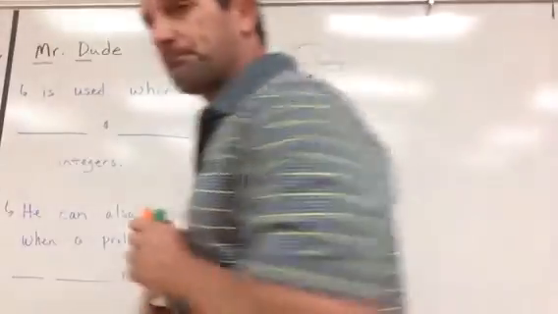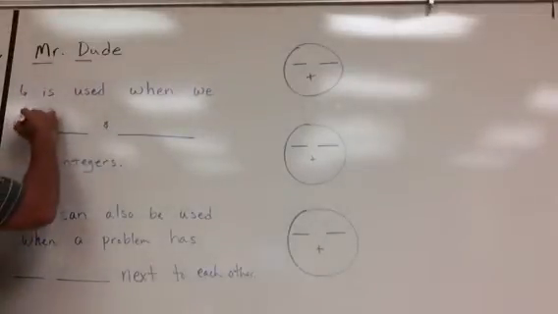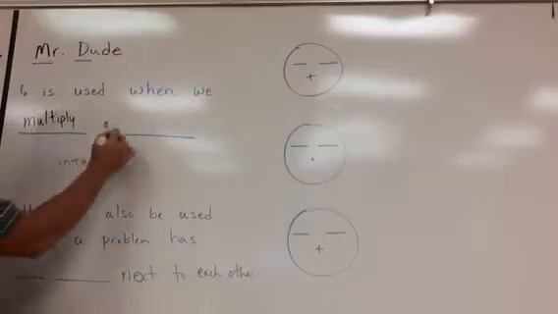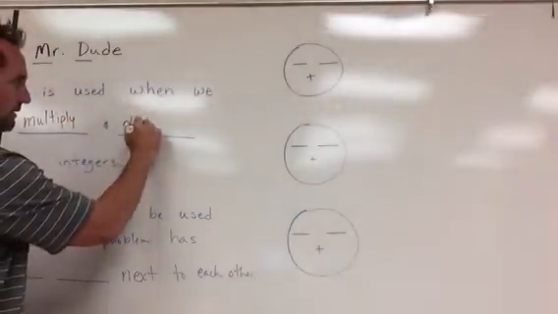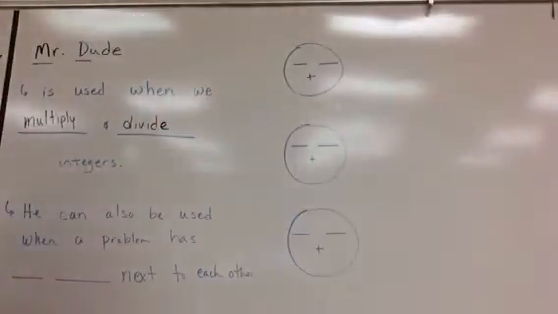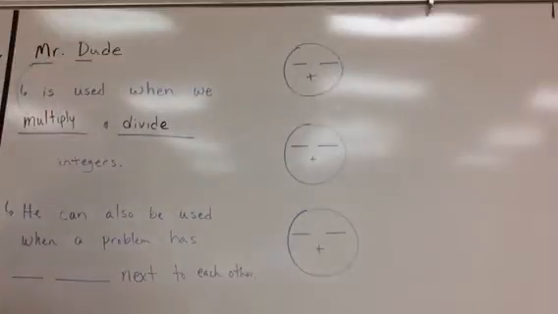So let's go over here. Mr. Dude is used when we multiply and divide integers. Okay? If you'll notice, the M in Mr. is underlined because that's talking about multiplication.